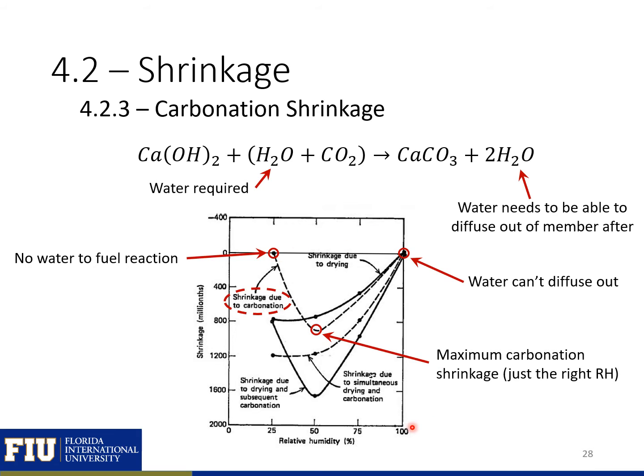If we have a very high relative humidity, water is not going to be able to diffuse out of the member. If water can't diffuse, we're not going to be able to have this reaction, so we're going to have zero carbonation shrinkage. You can see that the maximum carbonation shrinkage, the just right relative humidity, is around 50% relative humidity. So at this point, we're going to have maximum shrinkage due to carbonation.